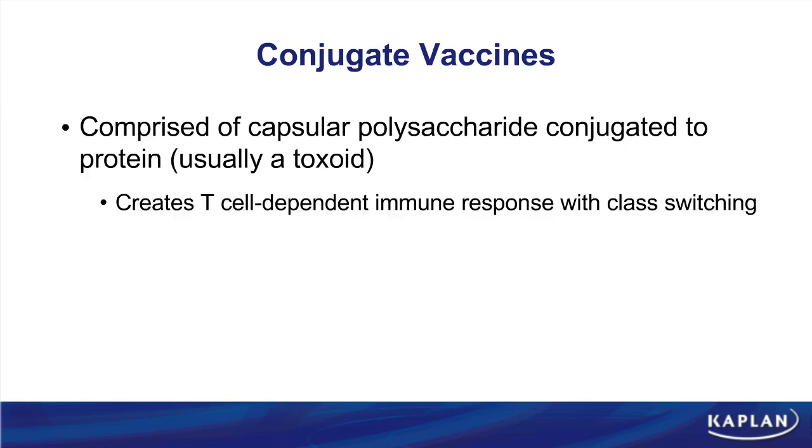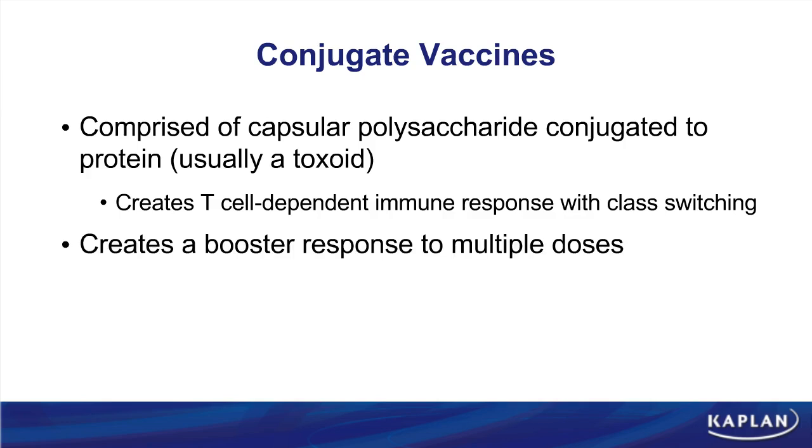So with these conjugate vaccines, which again are made up of the capsular polysaccharide from the bacteria that has been conjugated to a protein, we get class switching, we get a memory response, and because we get a memory response, we actually get a nice booster response to those multiple doses.